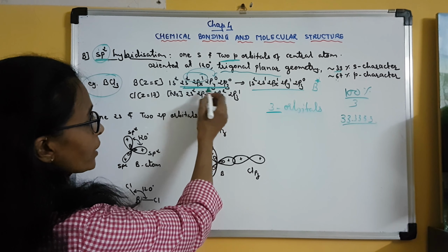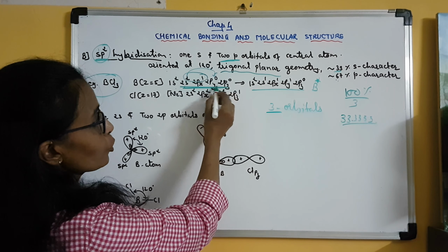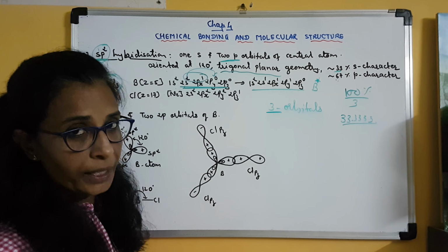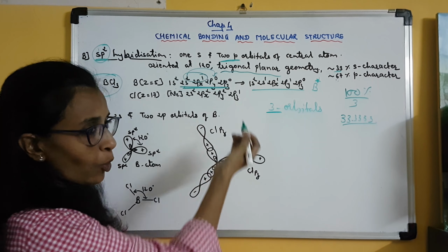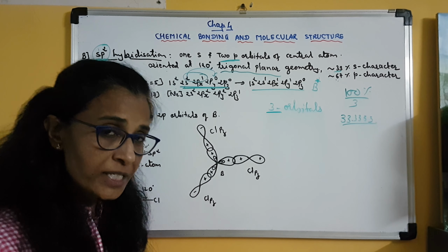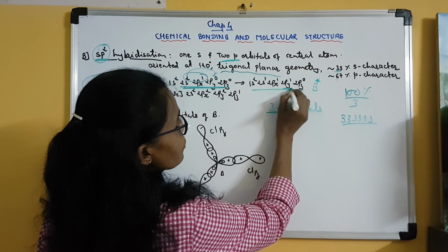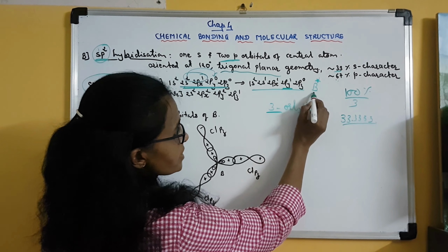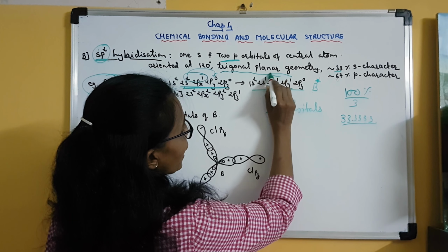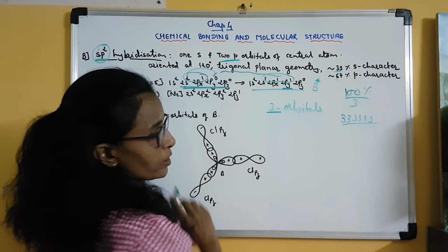So in boron, in the ground state, there are two p orbitals already vacant. So with a little gain of energy, boron will promote one of its 2s electrons to the already vacant 2py orbital. So now you can see in excited boron there are 3 unpaired electrons.